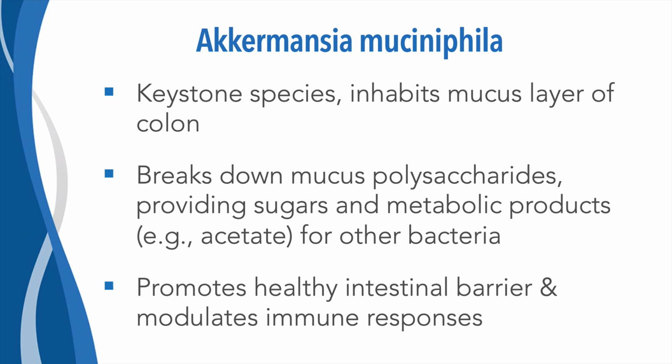And so basically what it's doing in this mucus layer is breaking down the mucus polysaccharides, which actually provides sugars, as well as metabolic products that it generates from those sugars, particularly acetate. It can provide these sugars and products for other bacteria to use as an energy source.